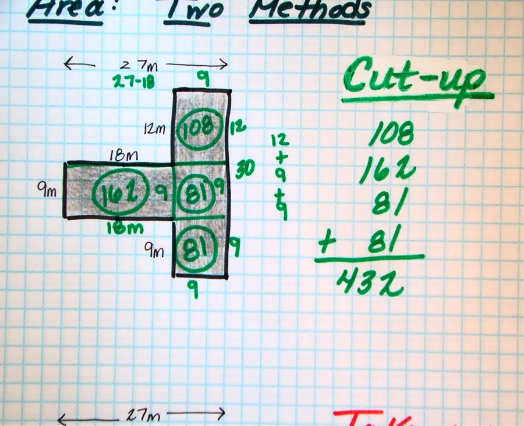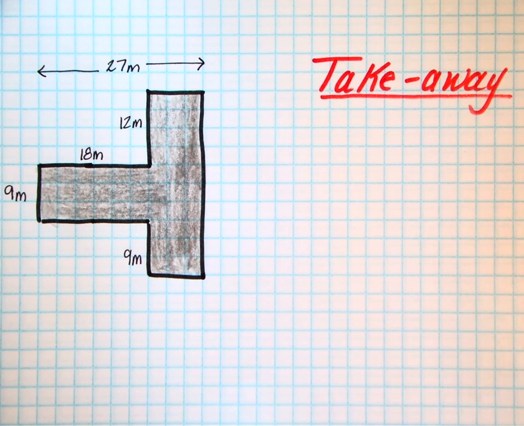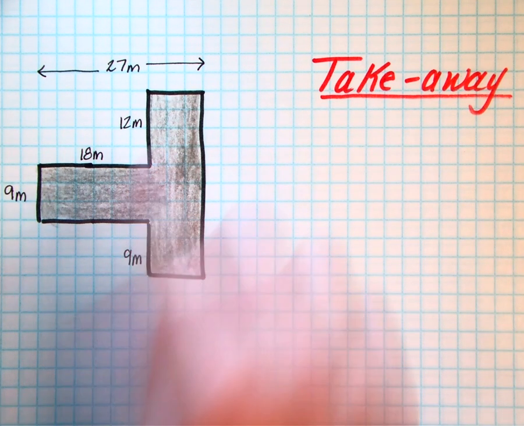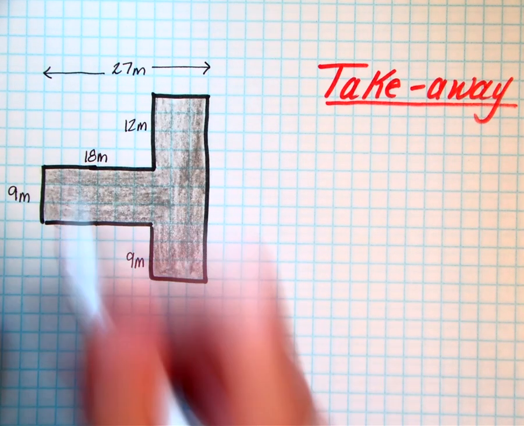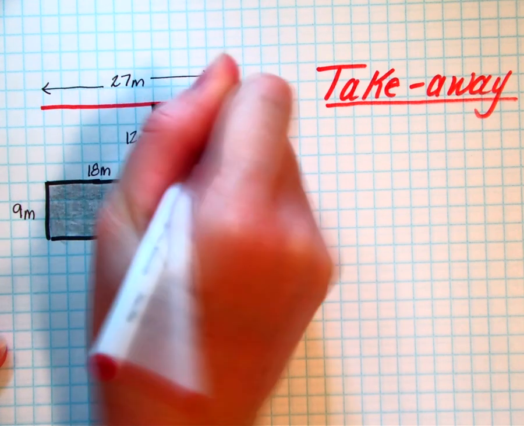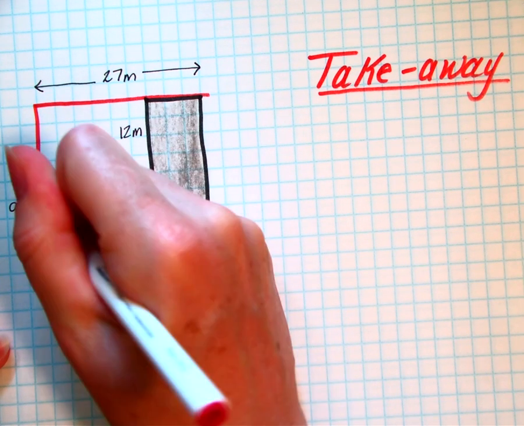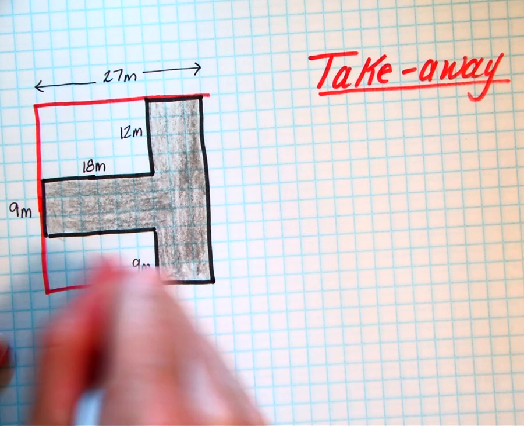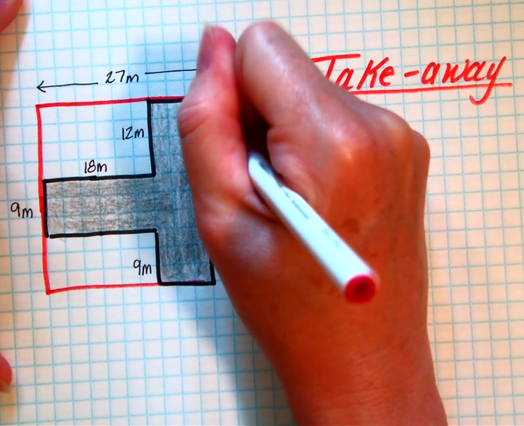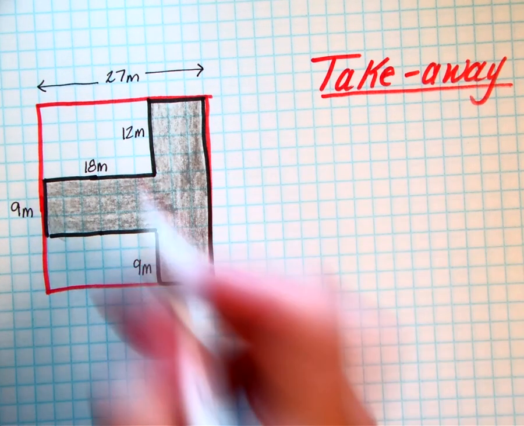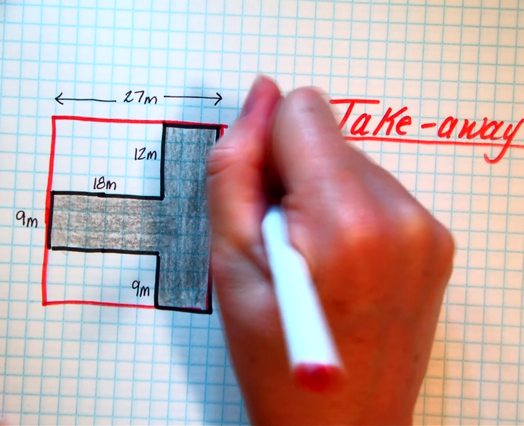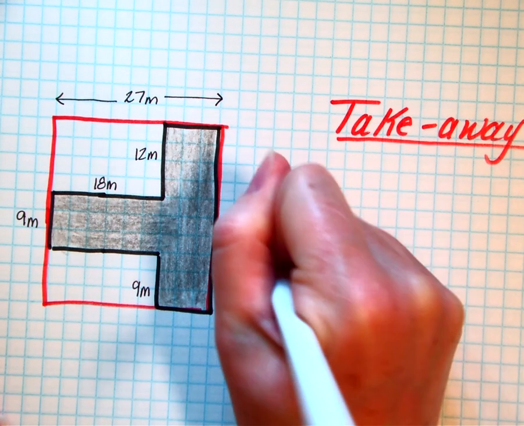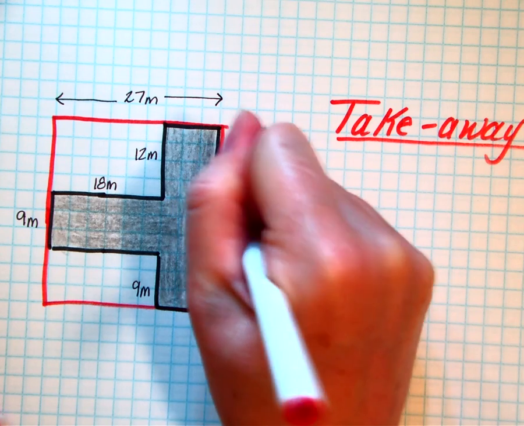That's the cut-up method. There's a takeaway method. So the takeaway method, I focus on the big thing that I can build around it. So I can build a giant rectangle around the entire shape. That entire thing, and because we already did the work over here, I don't know if you recall, but it was 12 plus 9 plus 9, which made this side length here 30.